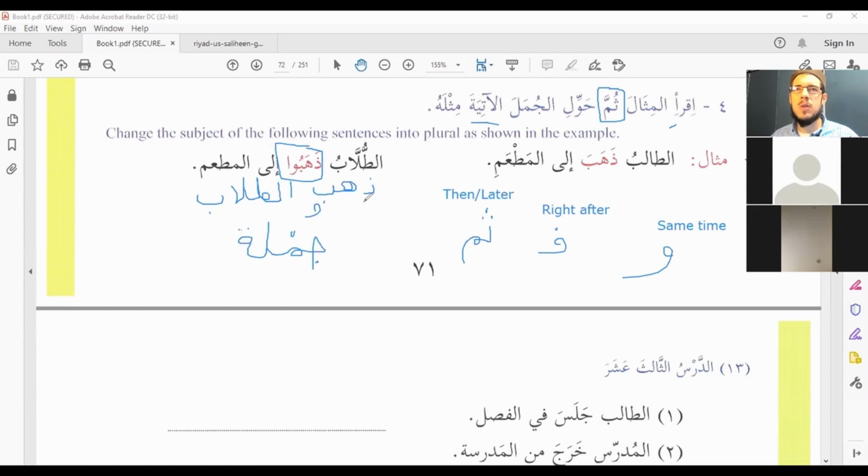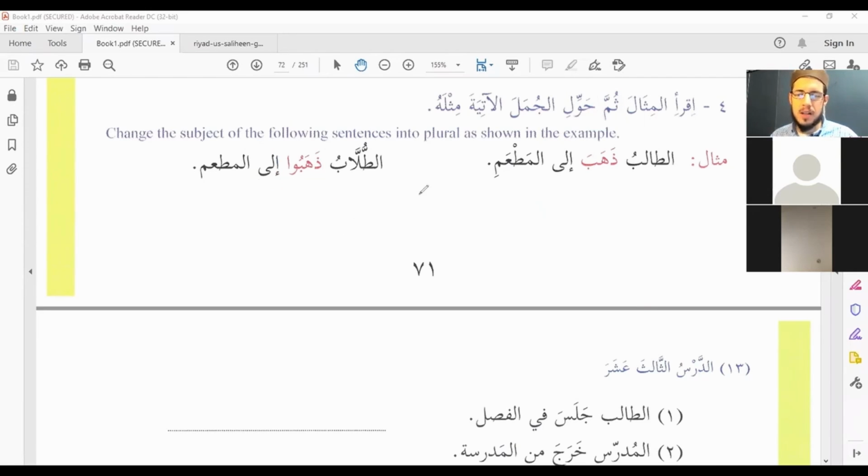So, for example, okay, let's take this sentence. Let me erase everything I wrote so far. Okay, so, a verbal sentence. Let's make this into a verbal sentence. If we said ذهب الطلاب إلى المطعم.